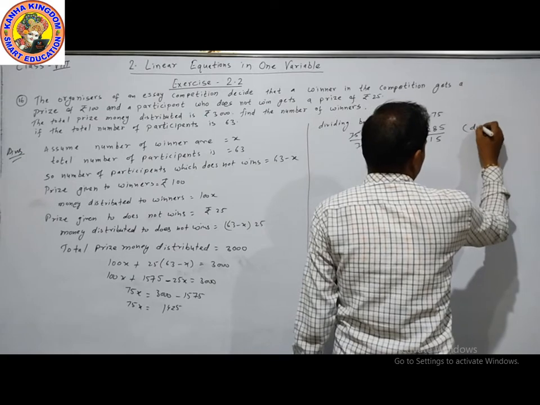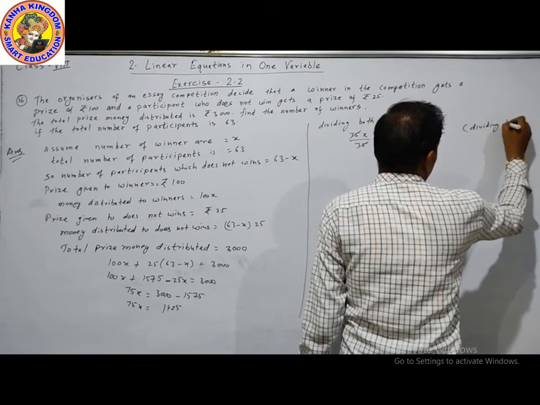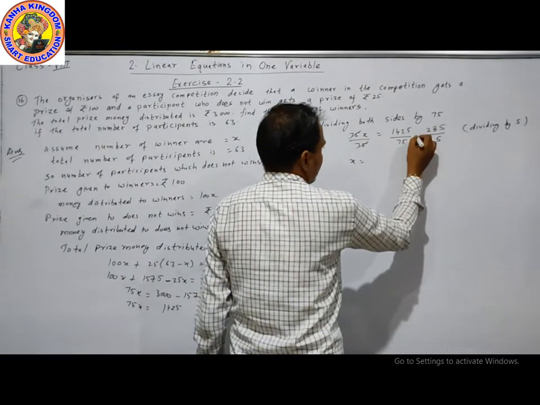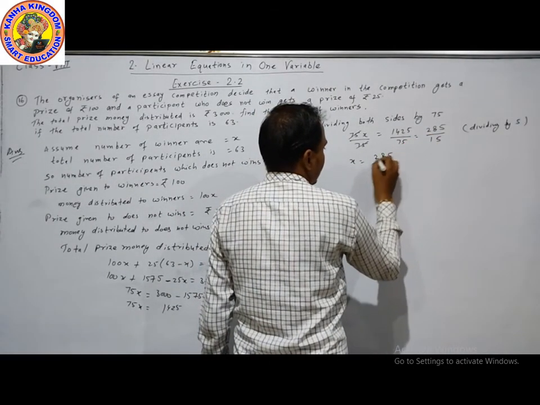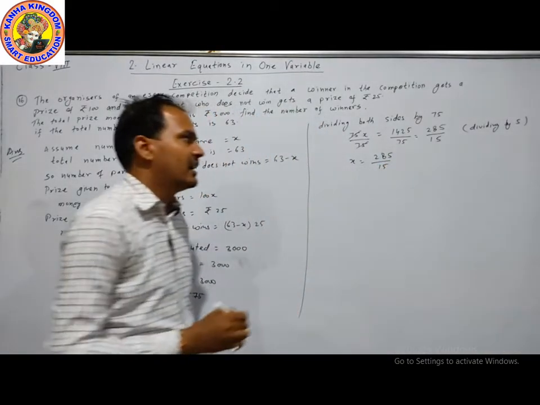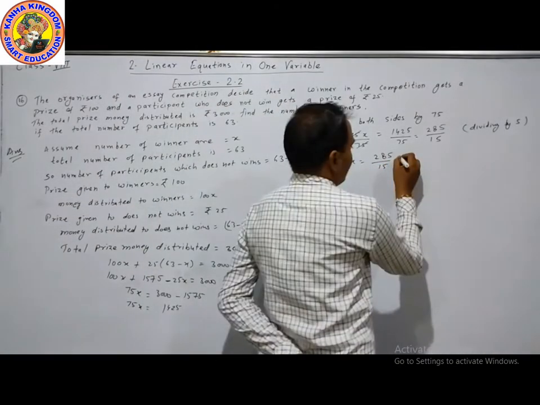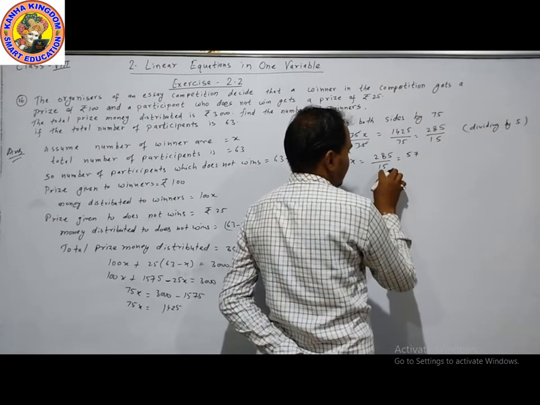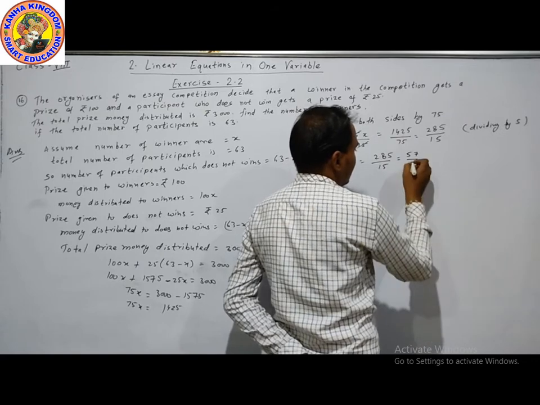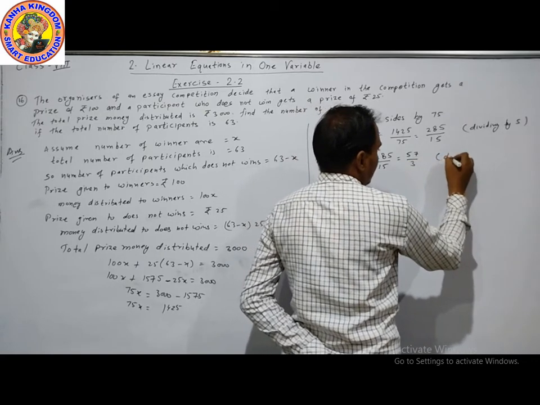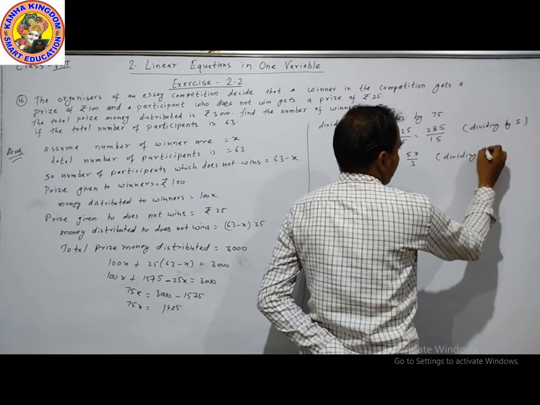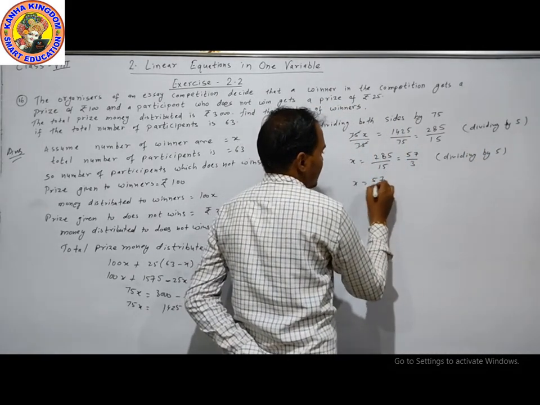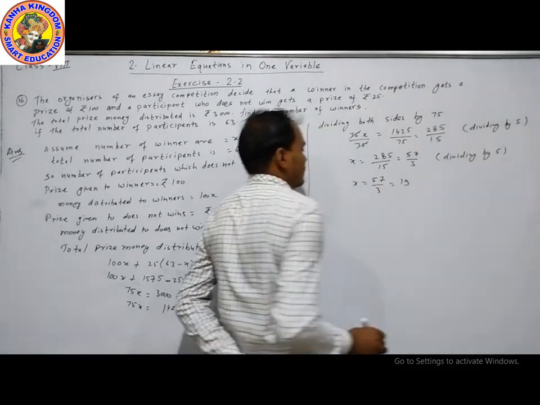Dividing by 5, X is 285 upon 15. We can again divide by 5. Dividing by 5, X is equal to 57 upon 3 is equal to 19.